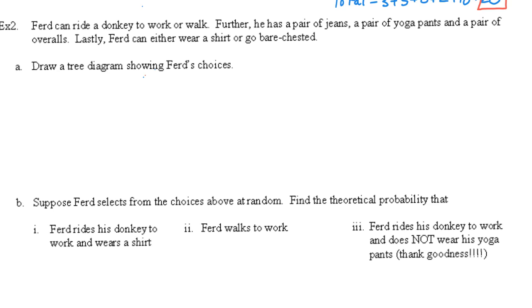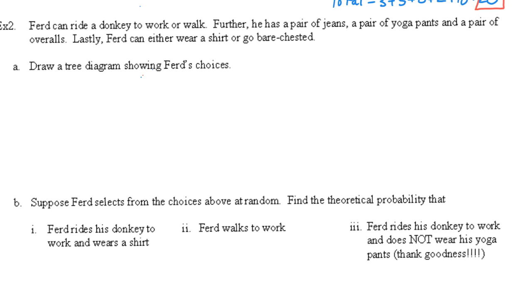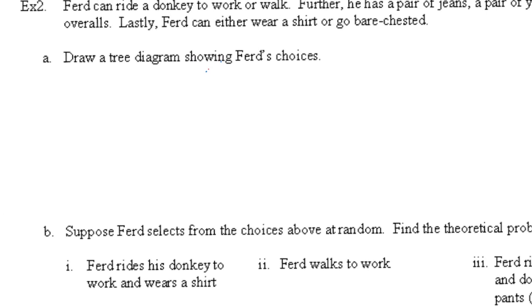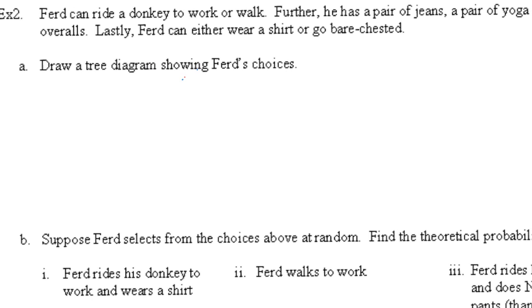Now, here's how we're going to do this. So I'm just going to zoom in on here. I want you guys to just take your time, do not rush into this, okay? I'm actually zooming in so you can see everything that I'm about to write, okay? So we got to think about Ferd and his options.